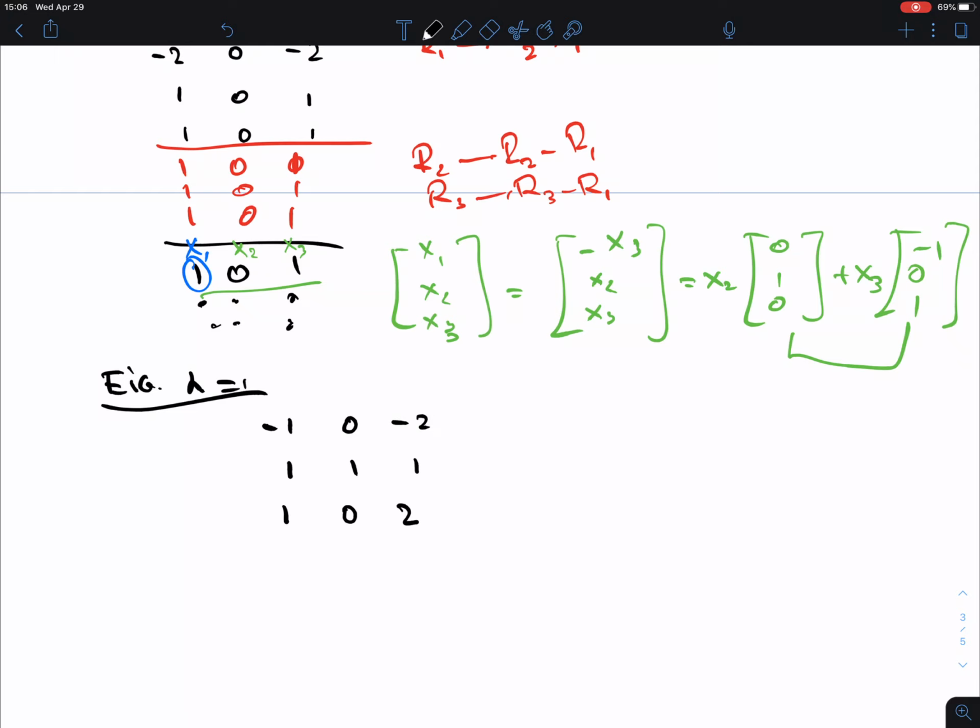Again, I'm going to do row 1 times minus 1 to get rid of the negative signs. I'm going to cheat a little bit and do it on the fly here. So this is gone.